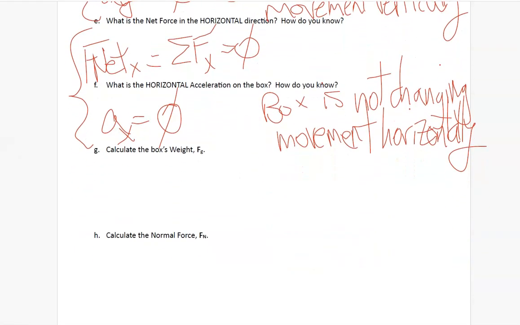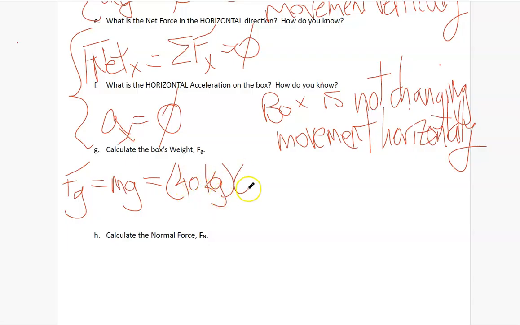So this is walking you through the steps that I said were going to be important anyway. Calculate the weight of the box. Well, we know the weight of an object is just equal to its mass times g. The mass is 40 kilograms. You're told that right in the problem. You're given g is 9.8 meters per second squared. We'll multiply those together, and we get 392.